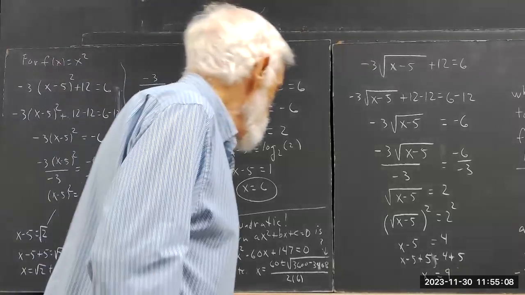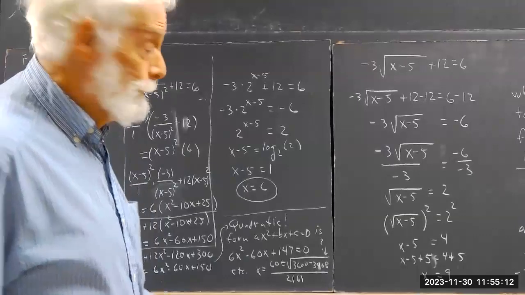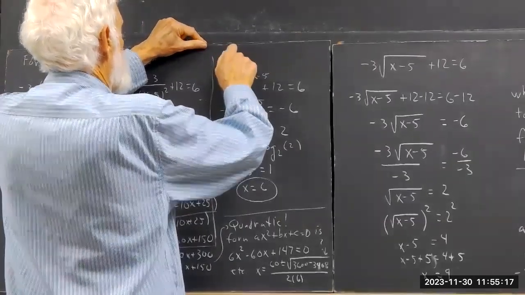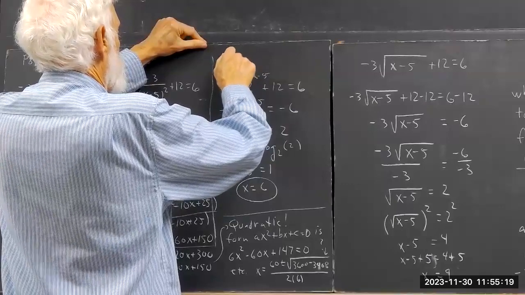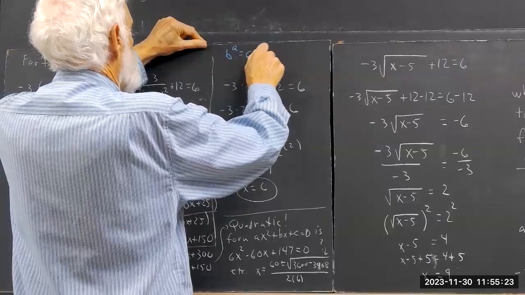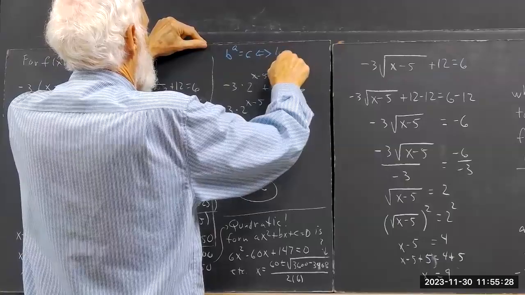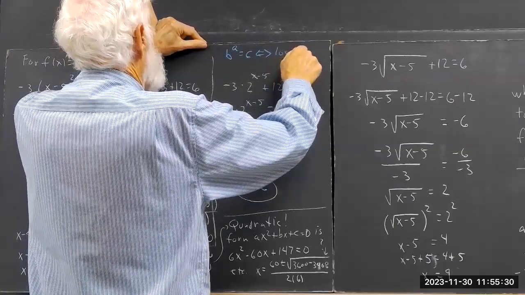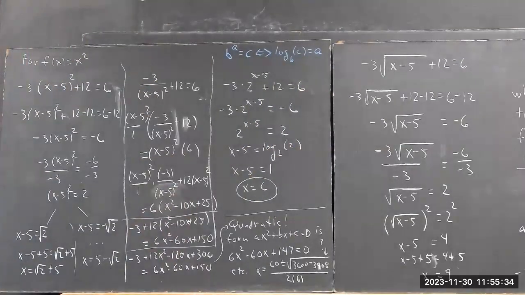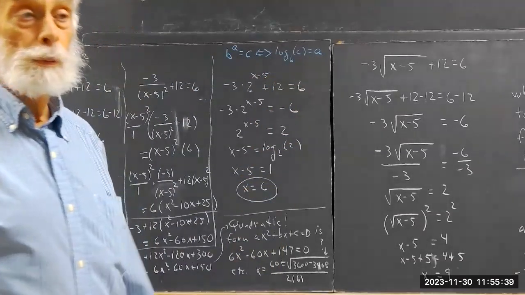It's something you need to be reminded of. Okay. We're using the fact that b to the a equals c is equivalent to log base b of c equals a. That's the inverse function equivalence.